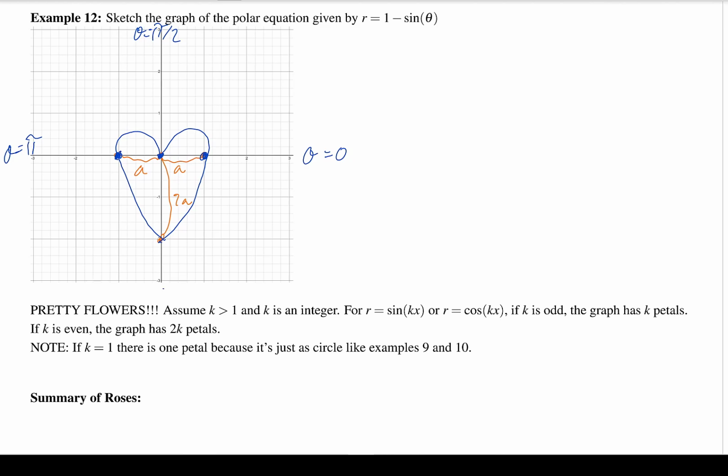And then finally, with theta equals 3 pi over 2, we would have 1 minus negative 1, so that would give me 2, which gives me this point right here. Okay, and so then from there we can figure out which direction our cardioid is facing. Again, we'll need to go from 0 to 2 pi to generate this entire graph.